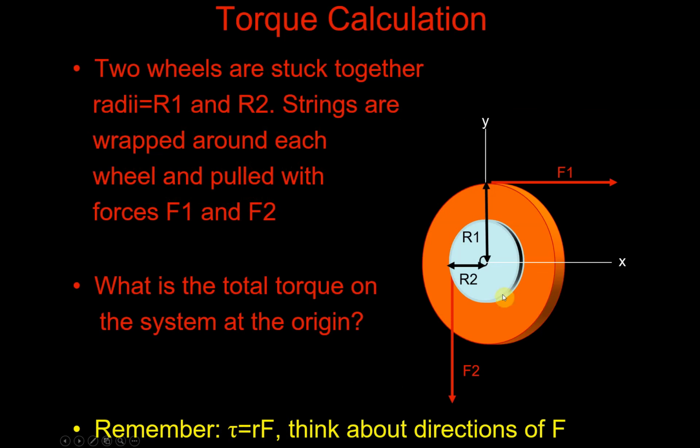F2 will have a rotation this way, F1 will cause a rotation this way. So to simply have two torques added would be incorrect. The total torque at the origin will be torque 1 minus torque 2. The torque generated by F2 at R2 will be opposite to the torque generated at F1 at R1.